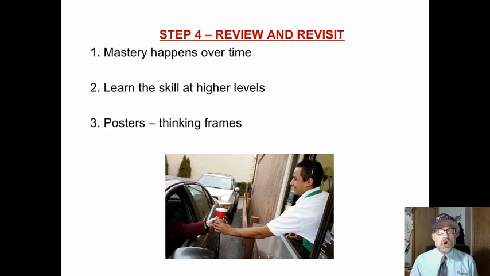Mastery happens over time. It is not a drive-through experience. And just like the single leg takedown, we had to practice it in different situations. You learn the skill at higher and higher levels over time. And I'm a big believer in thinking frames. You have the posters that has the steps of the skill, the process broken down into steps, so you can refer to that.